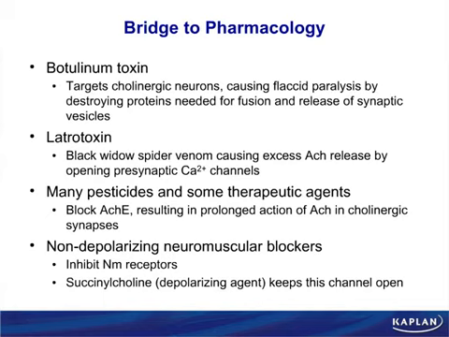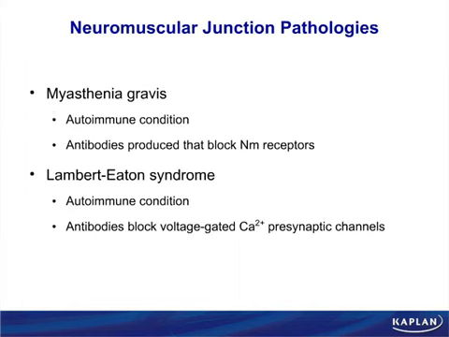Ultimately you get a paralysis because you can never repolarize. But it's very important to distinguish succinylcholine from, say, pancuronium. Pancuronium is a non-depolarizing. The depolarizing agent is succinylcholine. It sucks.